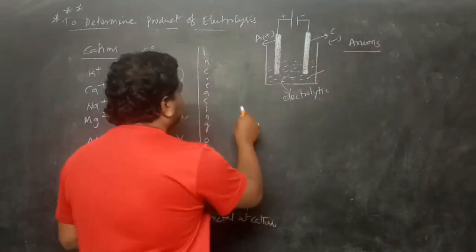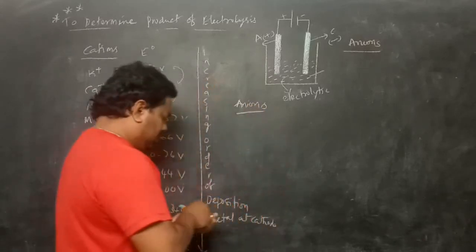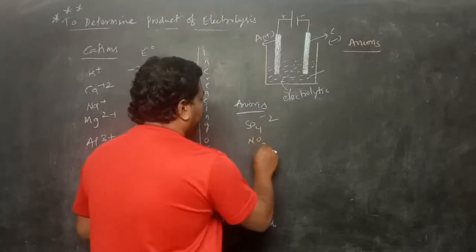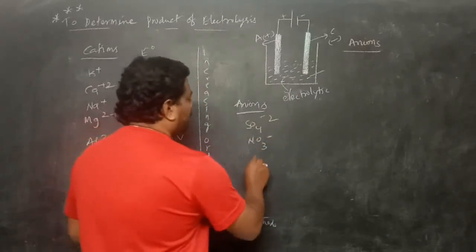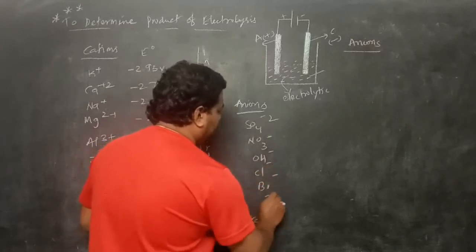Then we will write some anions: SO4 2-, then NO3-, OH-, Cl-, Br-, I-.